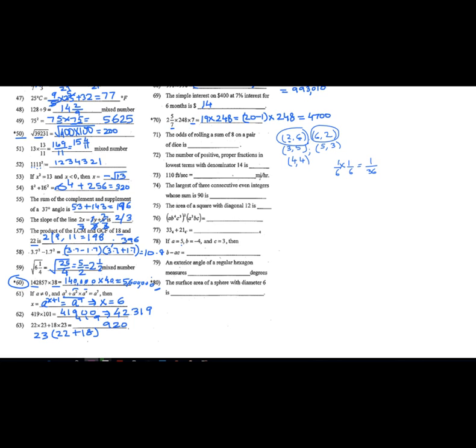So the probability of getting 8 is equal to 5 over 36. The probability of not getting 8 will be equal to 1 minus 5 over 36. So that's equal to 31 over 36.